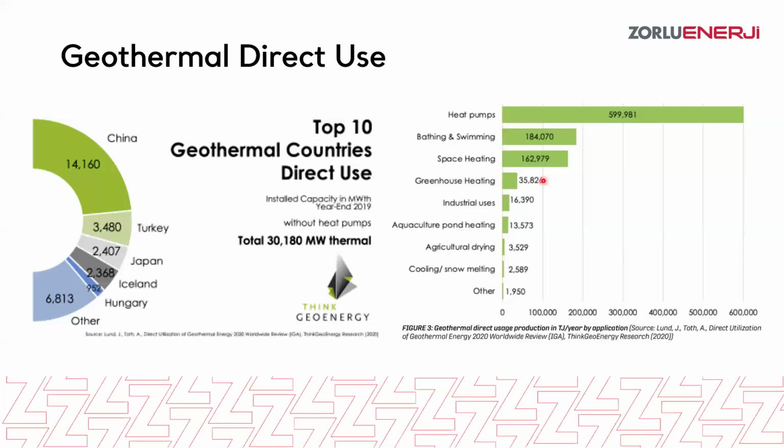And here, we are using different direct applications, and we are also seeing heat pumps as well. As you can see, if you sum all of these numbers, you get half of this number as well. So it means that heat pumps are by far the greater use of geothermal energy at the moment.